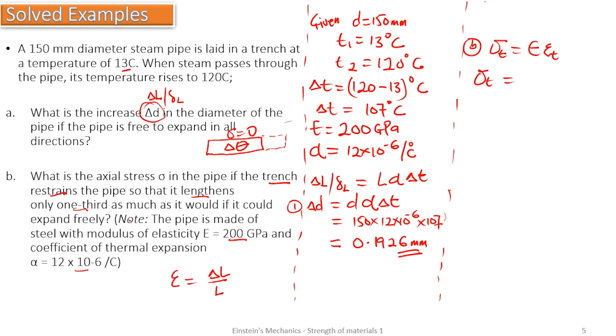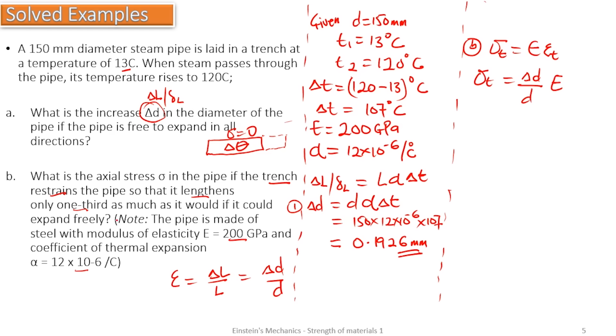But here we are using diameter, which is change in diameter over diameter. So I can replace this by change in diameter over the diameter, which is the thermal strain, times the Young modulus.